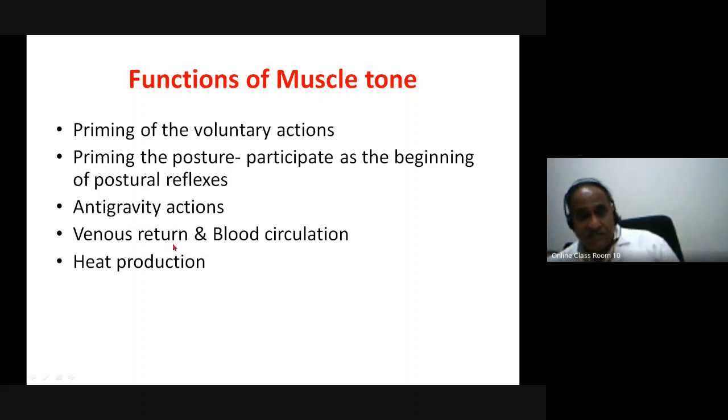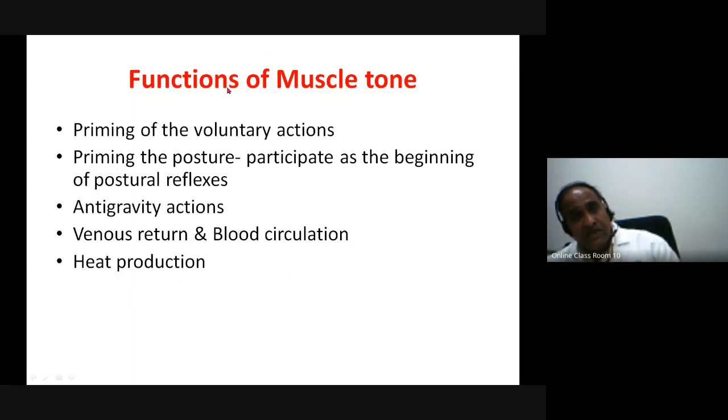What happens in case of stroke? Less activity, less muscle tone, stasis, bed sores, and so on. So now venous return becomes an important component or function of the muscle tone. It's a byproduct of the muscle tone, and it aids the circulation. That's important.